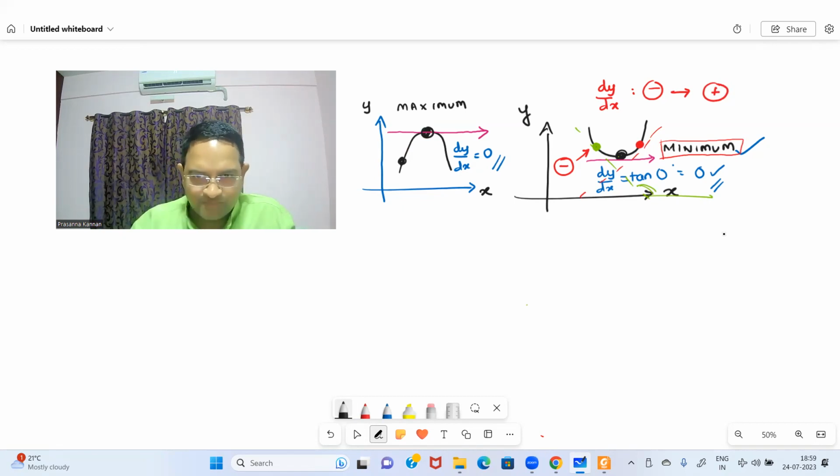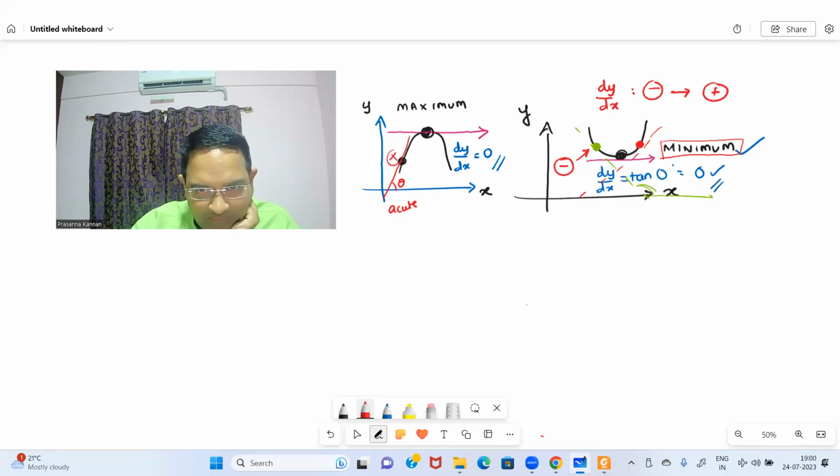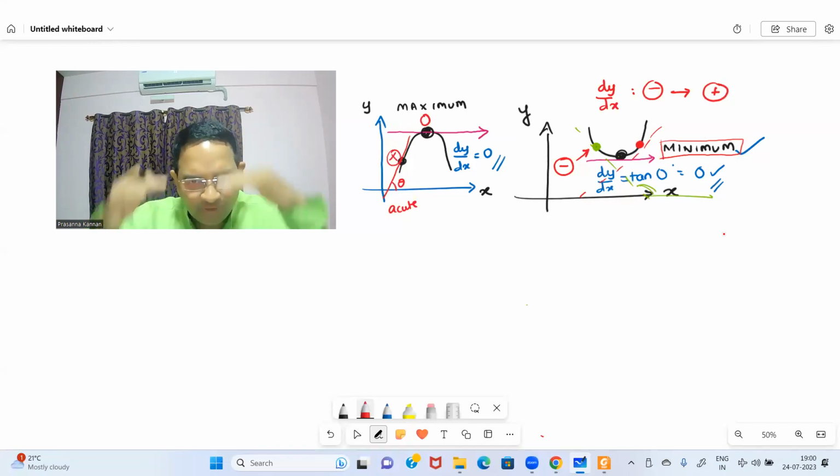Draw a tangent and see if it's making an acute or obtuse angle. It makes an acute angle. Therefore tan theta will be positive, or in other words, dy by dx is positive. What is dy by dx here? 0, right at the topmost point.